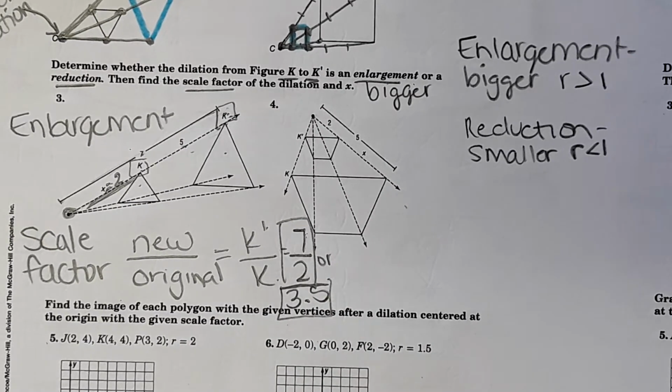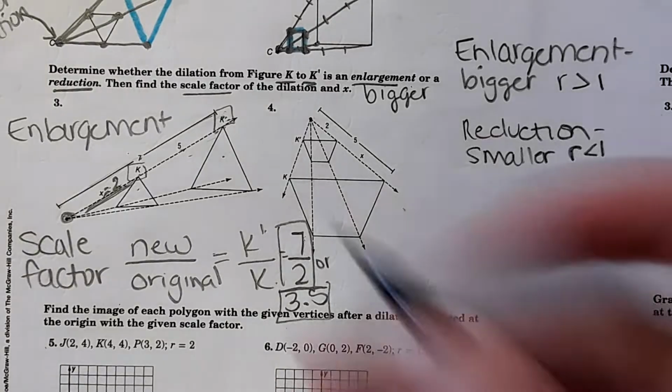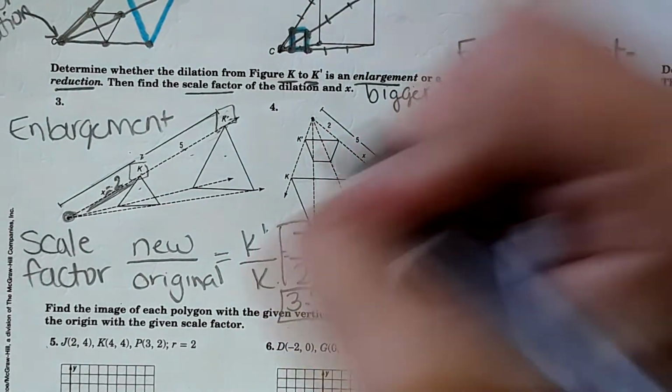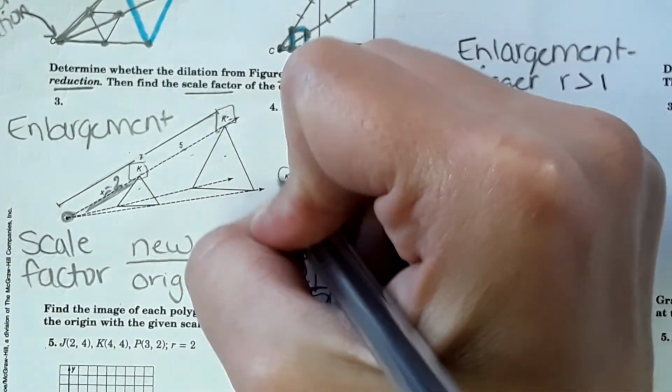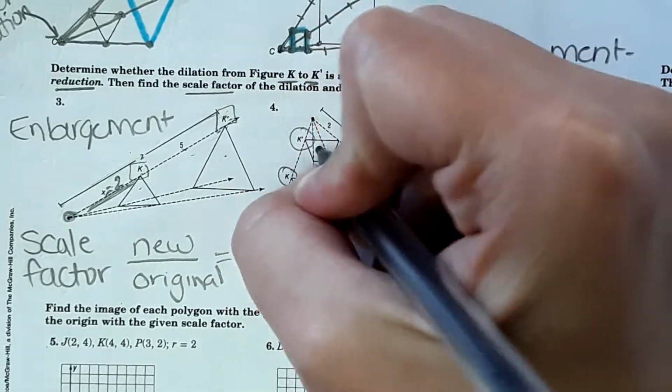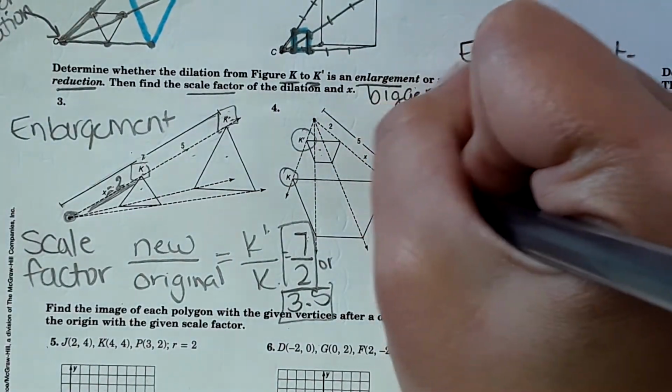Okay, now for number 4, we're going to continue this concept. We're looking at whether it gets bigger or smaller. So the original is here at K, and then it goes to K prime, which is a smaller shape, so it is a reduction.